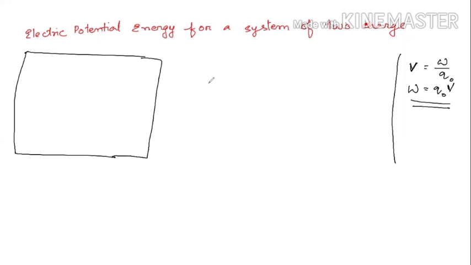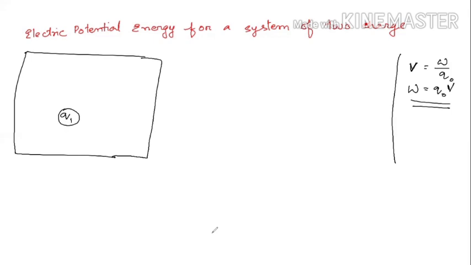But if I bring a charge Q1, initially you didn't have this charge Q1, and because of that you didn't have any potential at any point inside this box. Now, since you have placed a charge Q1, you will have electric potential values at every point.